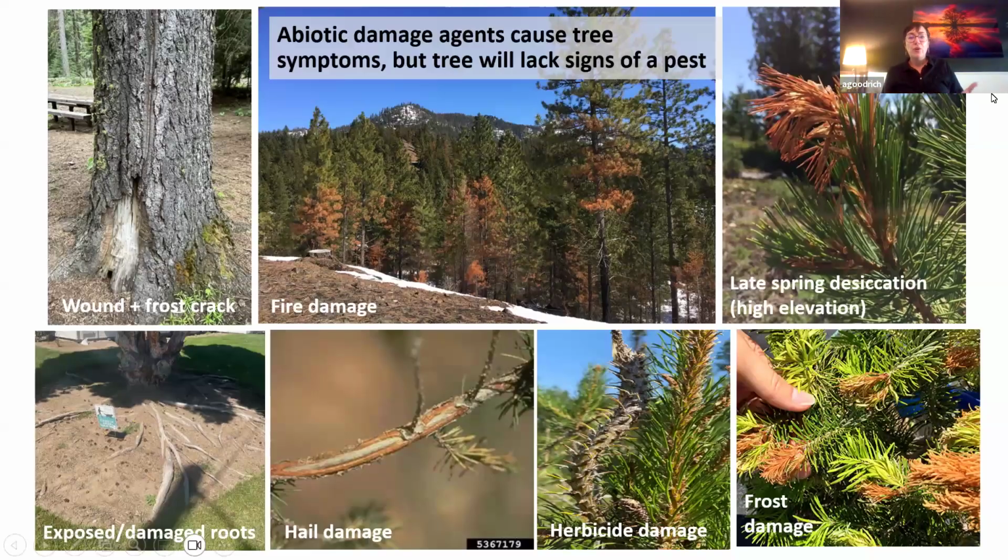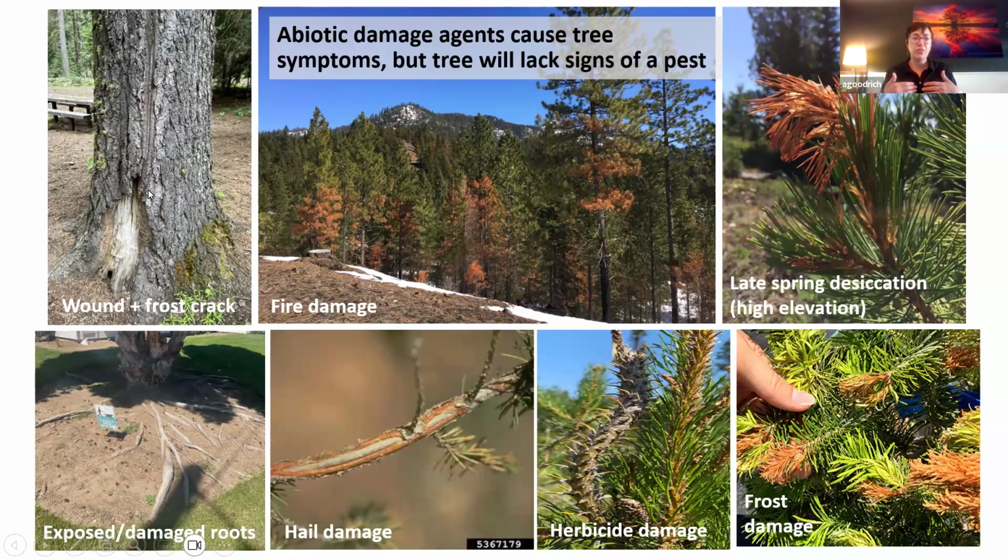So I just have some photos here of some pretty common abiotic issues. Again, these are just typical symptoms that we would see on a tree. That's the tree's response to the abiotic event or damage agent itself, but we're not going to see any signs of a pest. Here on the left, we have a wound, not exactly sure what that was caused by, but we also have a frost crack here.